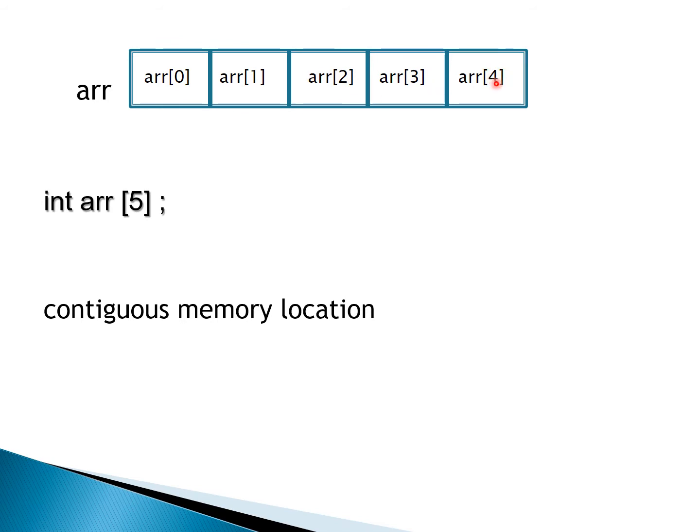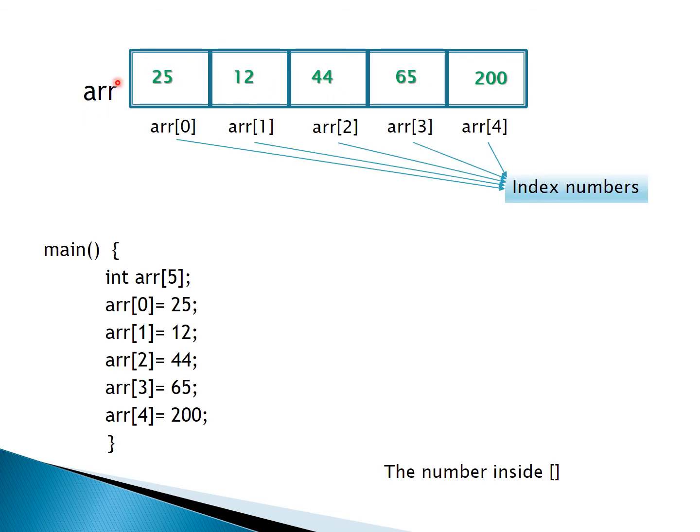Here in this case, these numbers represent the index numbers, and using these index numbers we access different elements. So these are the 5 integer variables, and these are the index numbers of those variables. It's already explained here in this slide.